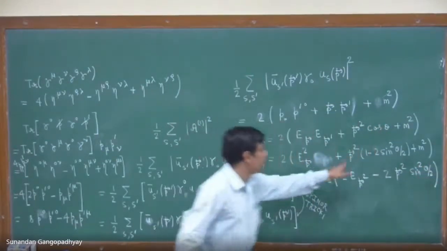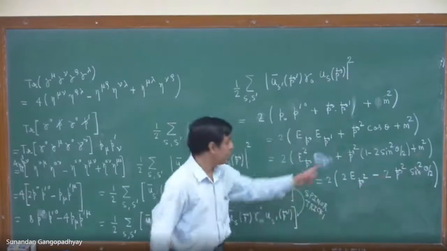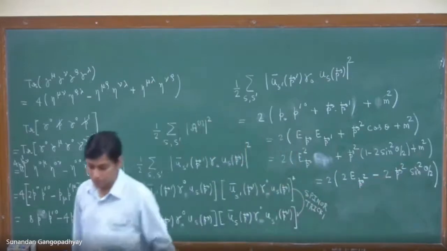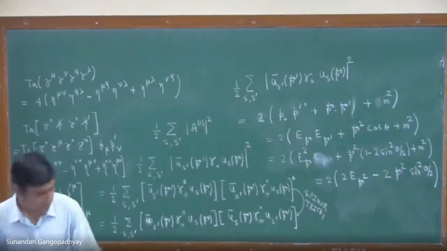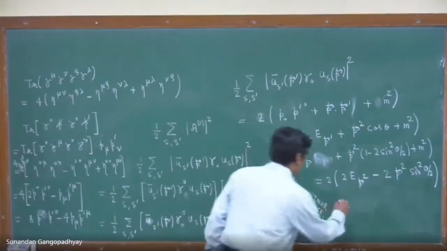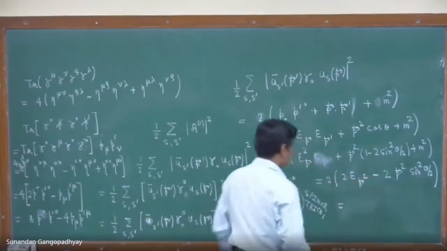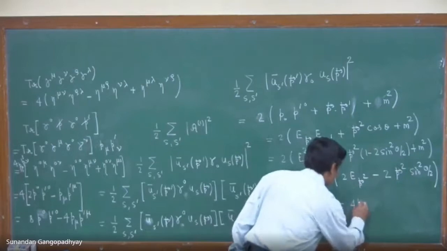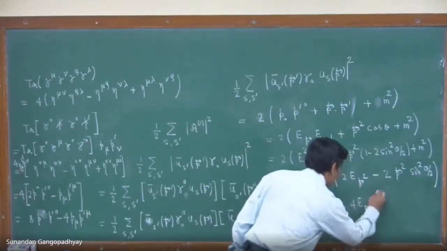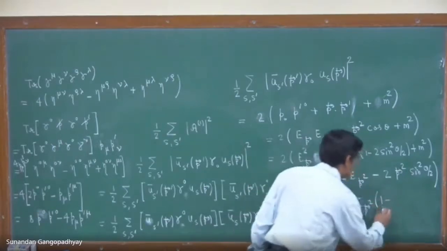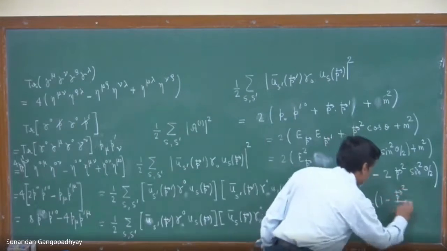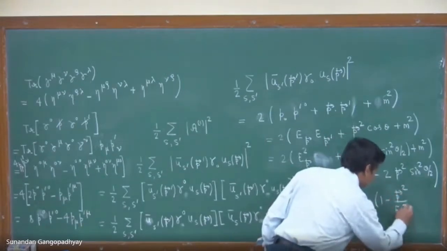So I've added: P vector square plus m square is EP square. EP square plus EP square gives you 2 EP square. Now you can take this 2 common. This gives you a 4 EP square times 1 minus P vector square by EP square.